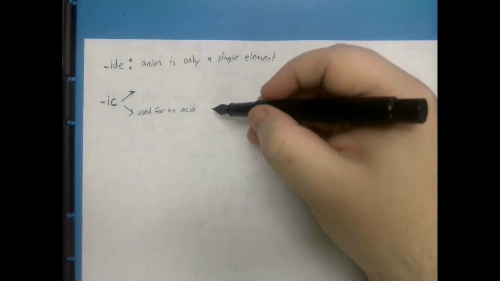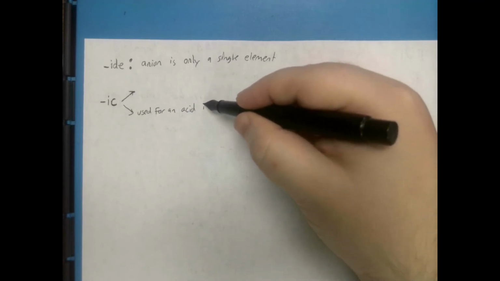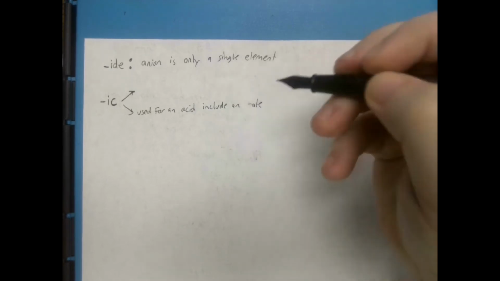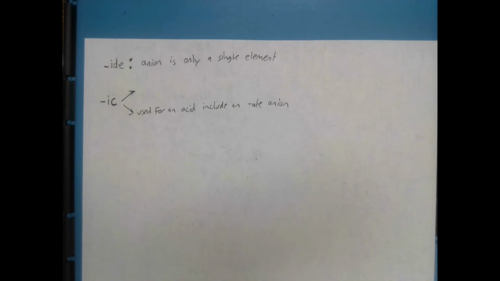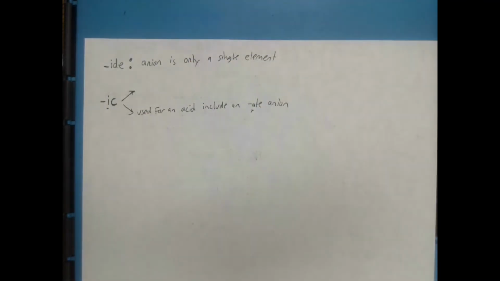When an acid includes an -ate anion, or an anion ending in -ate. Because we go opposite. That has an I, so this would not have an I.